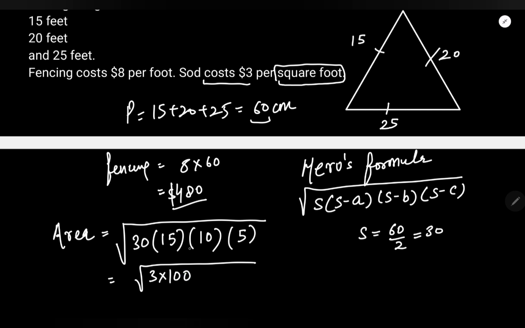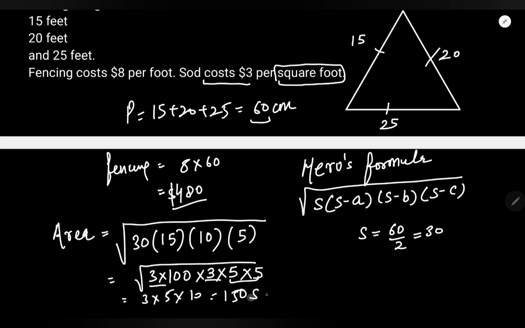So 30 I wrote as 3 times 10 and one 10 I have. 15 is 3 times 5, multiply 5. Now look at this. This 3 will come out, this 5 will come out and this 10 will come out. 3 5s are 15 times 10, so 150 square foot is the area, right?